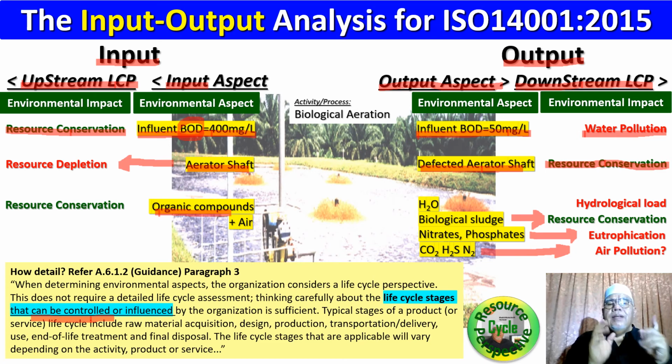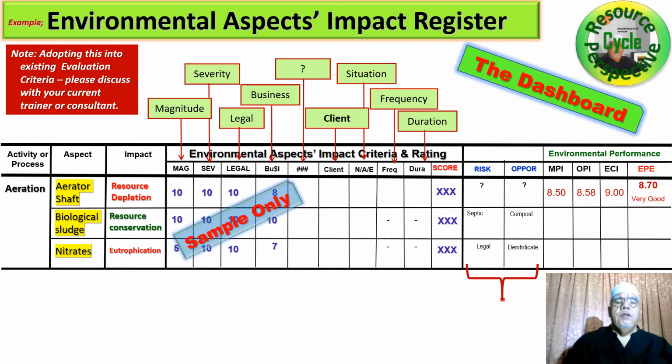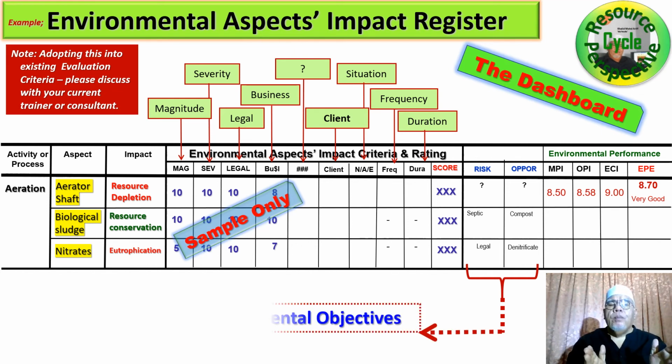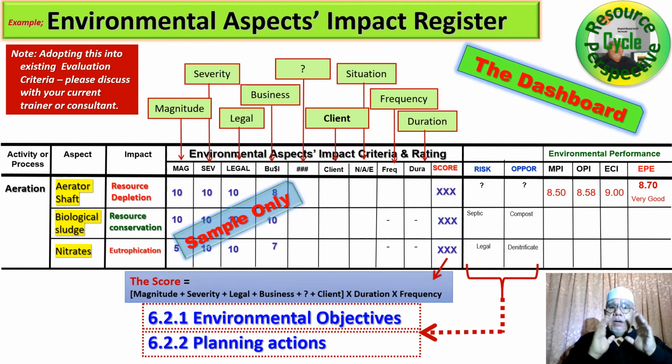Now, let's take a look at the dashboard. This is what I want to show you. So, look, you have here before you everything that is needed for your environmental management system. I call it a dashboard. All right. Our vehicles need a dashboard because we want to know the performance.